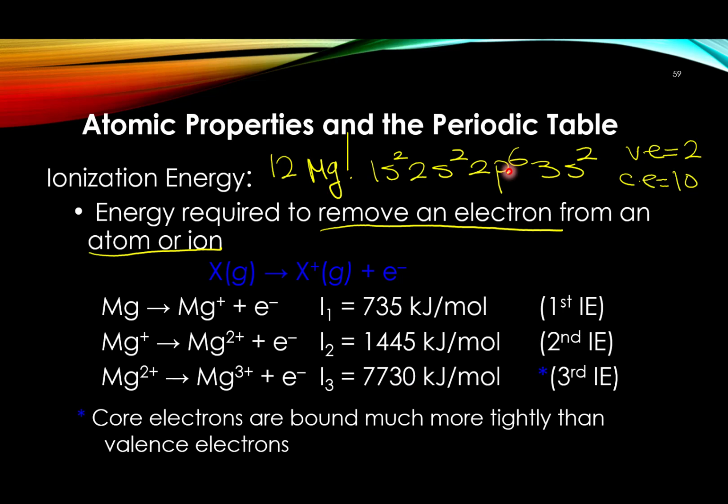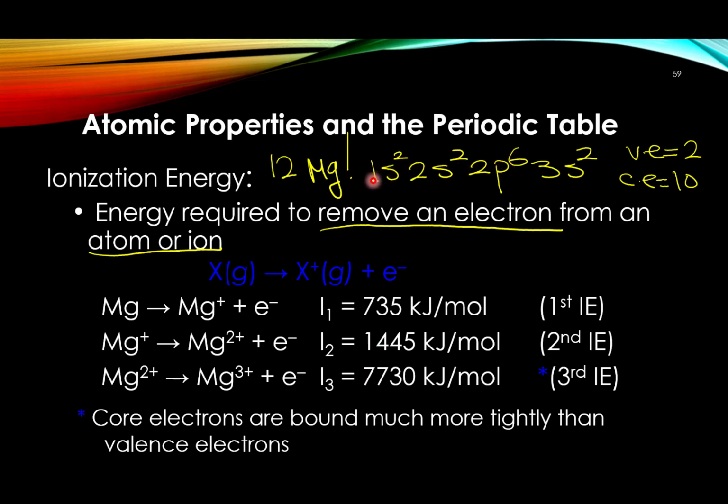Because now we are removing from the core electrons. Core electrons are tightly bound because they are the closest to the nucleus. That's why for magnesium, the first 2 ionization energies are not as much, but the third one is very high because we are removing from the core electrons.